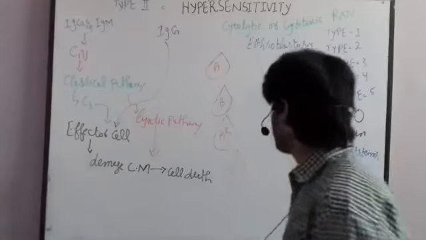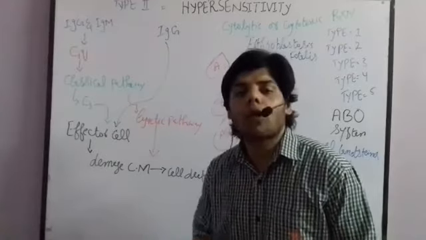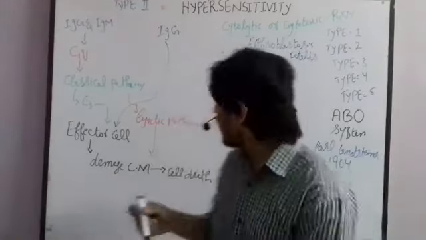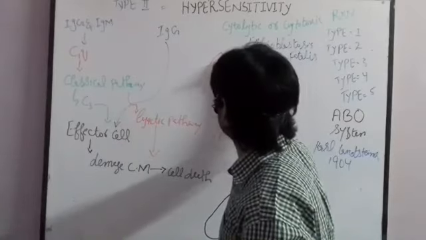And this is, let's suppose, blood group O. Now, why do we call it blood group A? We call it blood group A because they have a kind of antigen, as I am drawing.